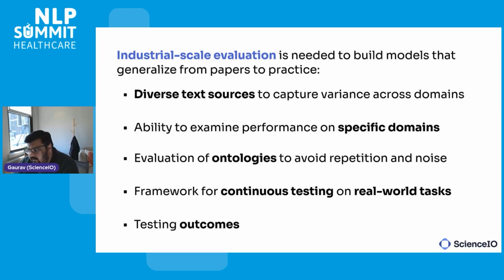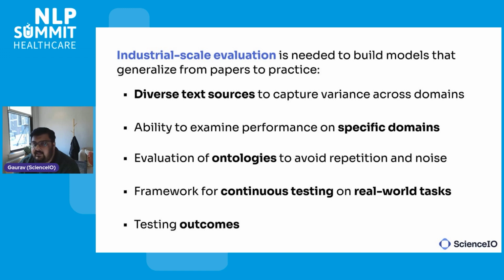We need evaluation of ontologies as well to avoid repetition and noise. So one of the limitations with using ontologies as they are is that they're not always curated to help models essentially disambiguate the text that they are going to be processing. So one example that I use is if you were to go look at the UMLS, I believe in the latest version, and you did a search for concepts or entities related to EGFR, you would find over 1,000.